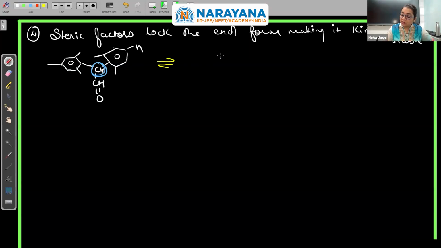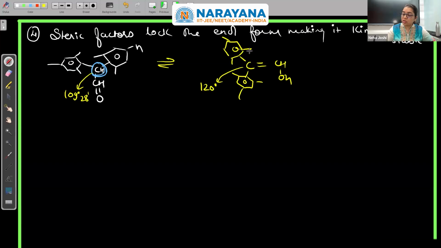So when it gets converted to enol like this, double bond CHOH, now see, here the bond angle was 109 degree 28 minutes, and here the bond angle is 120 degrees. So these bulky groups are apart, and now it is better stable.